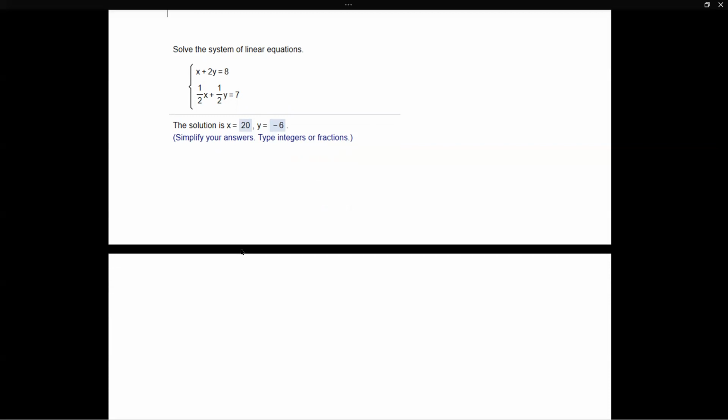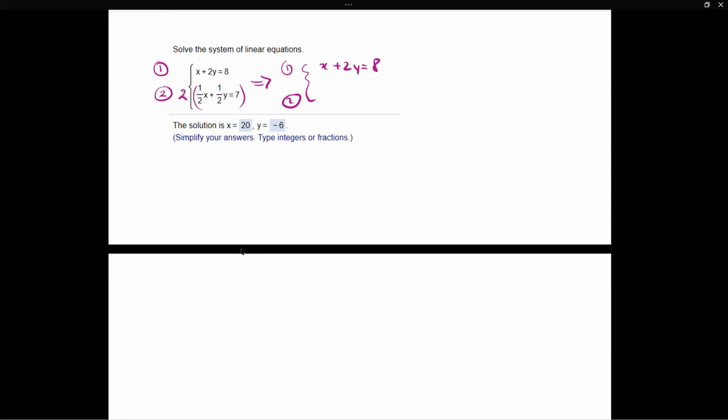This one is picked because, as you see, this number 2 has fractions. So what we can do is update this system to an equivalent one without fractions.